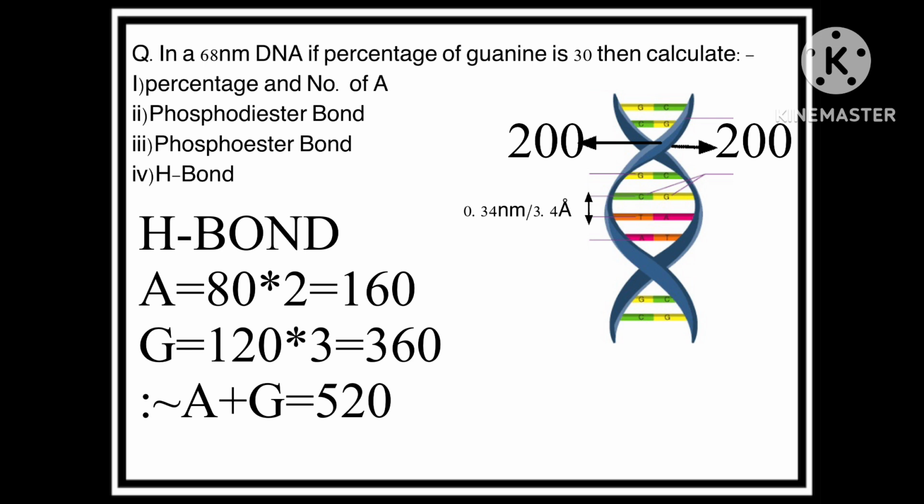Similarly, we multiply the number of guanine by 3 and we get 360. Lastly we add those values together and we get the number of hydrogen bonds in the DNA molecule, which is 520.